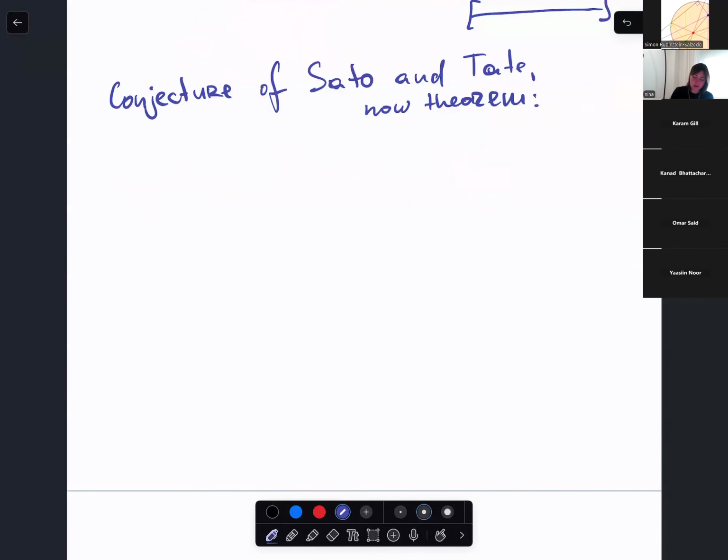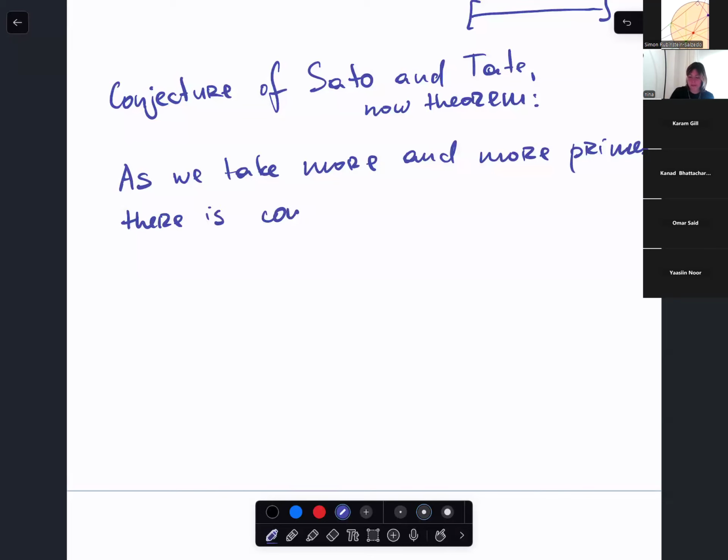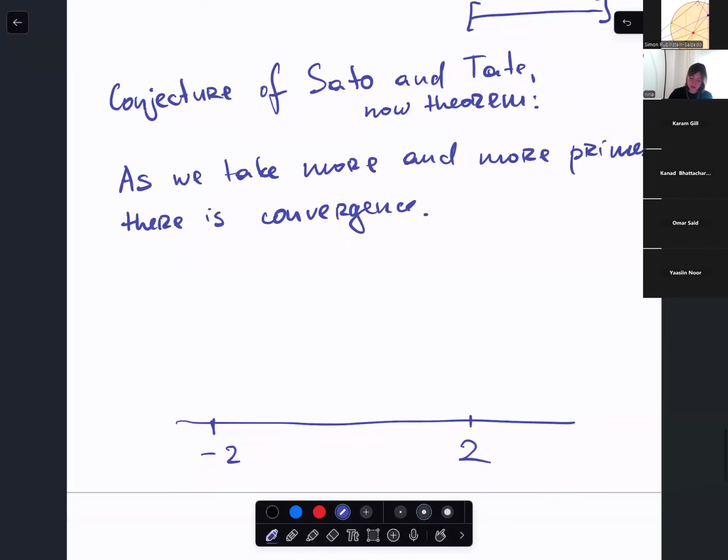As p goes to infinity, basically, as we take more and more p's, these coefficients will always converge to a very concrete distribution. And you can visualize this convergence in the following way. Take this interval -2, 2, where we're trapped.